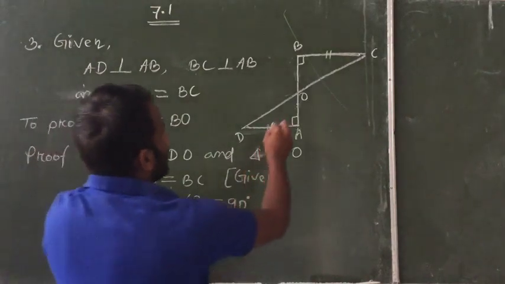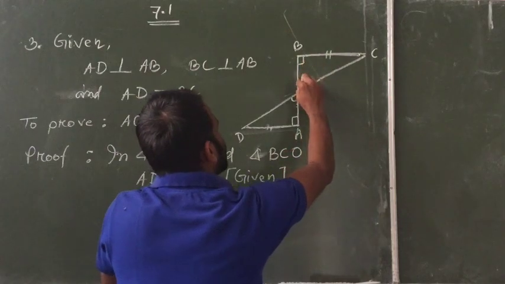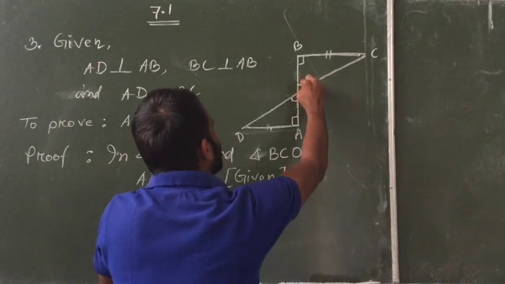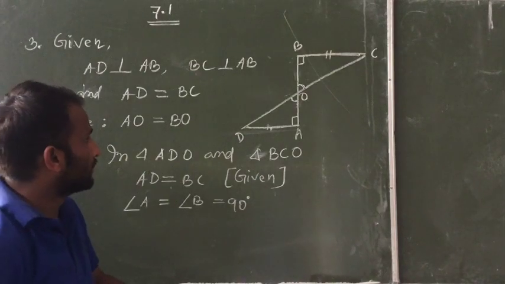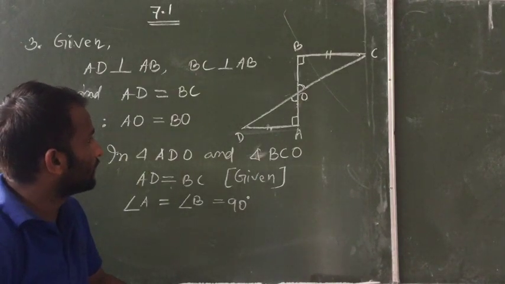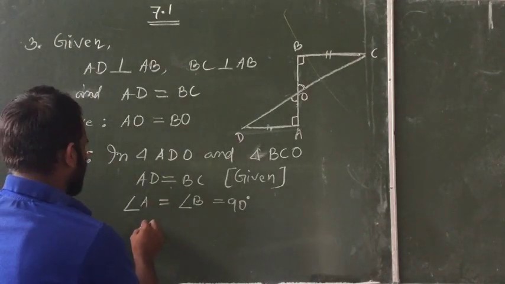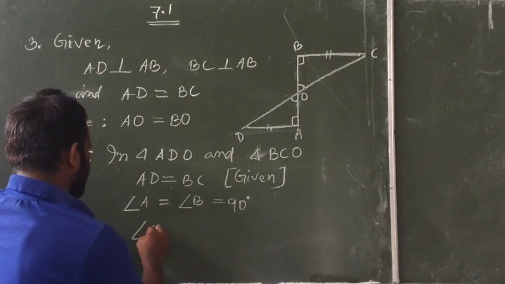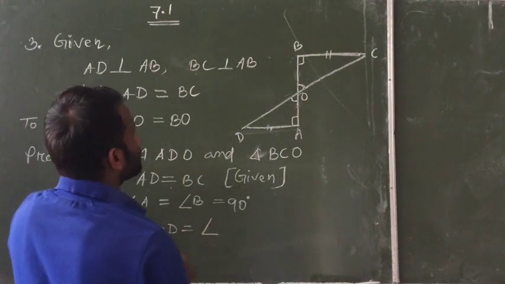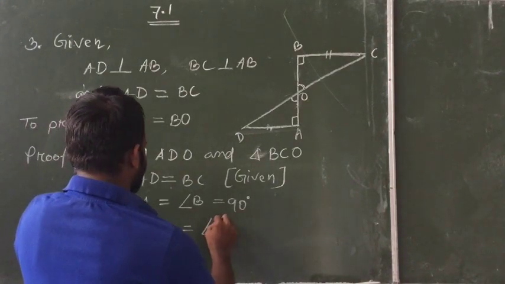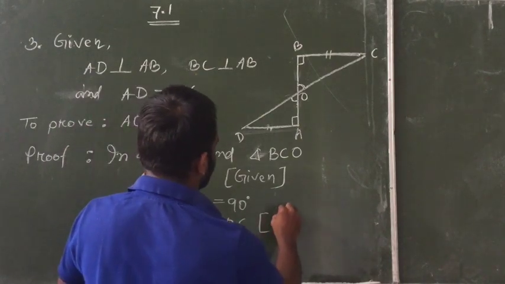Again, in triangle ADO this angle, and in triangle BCO this angle, these two angles are vertically opposite angles, and vertically opposite angles are always equal, so we can write angle AOD equals angle BOC, vertically opposite angles.